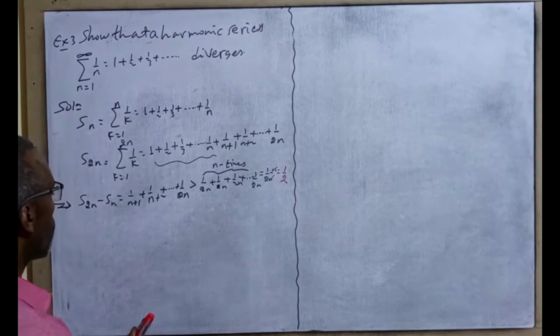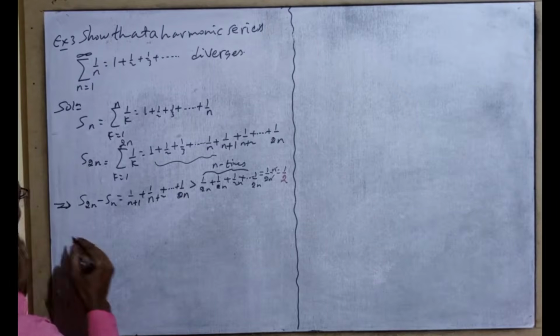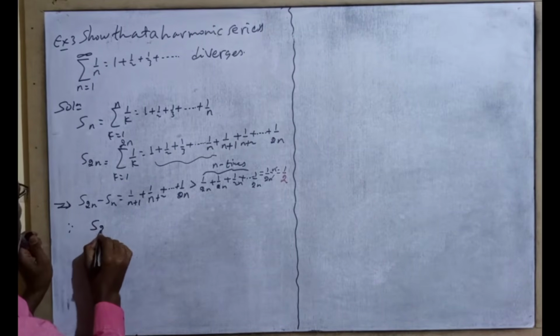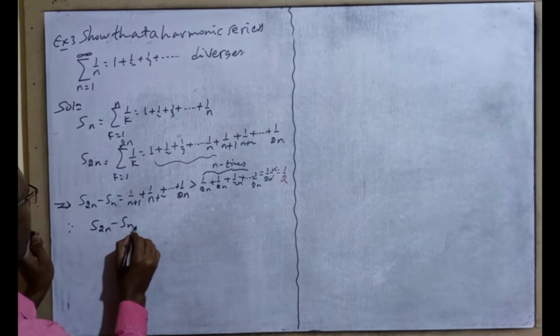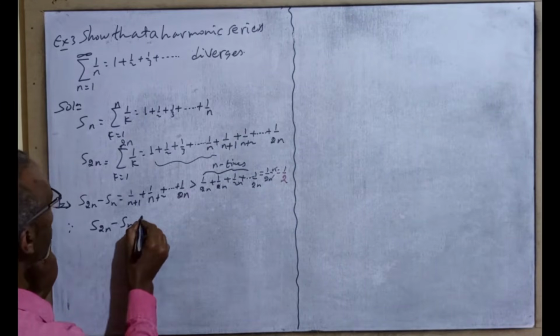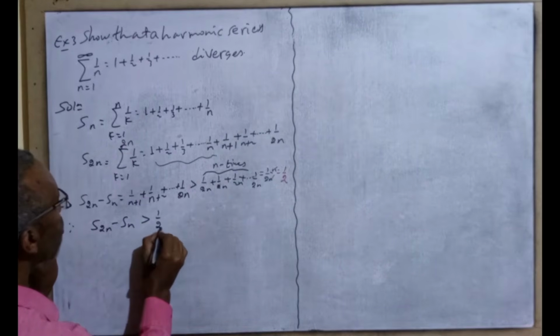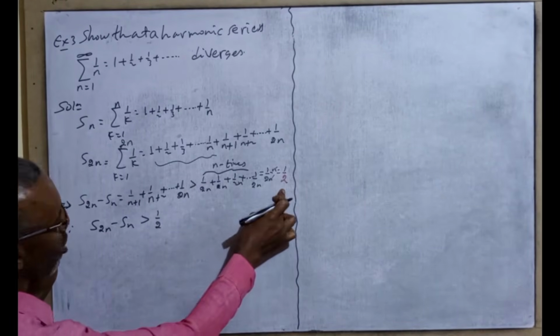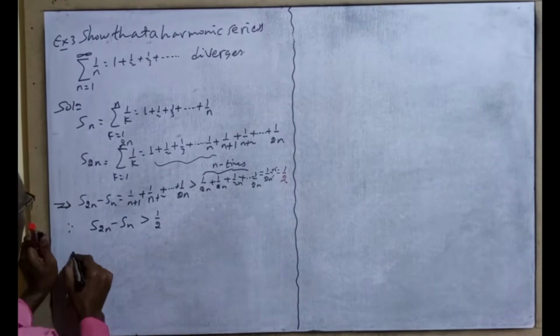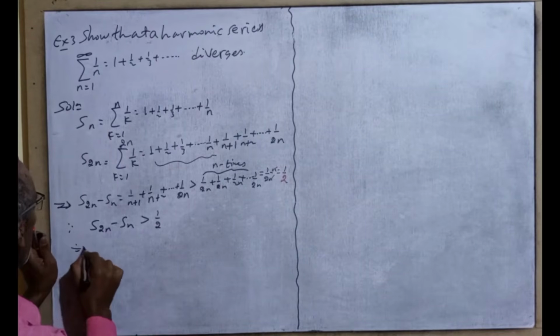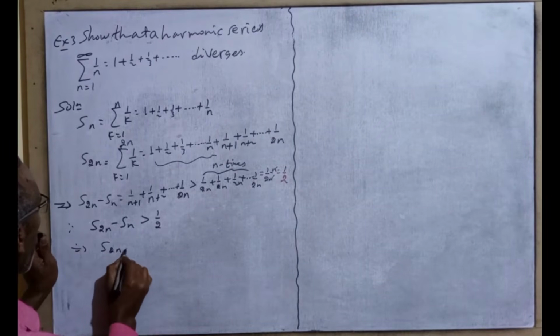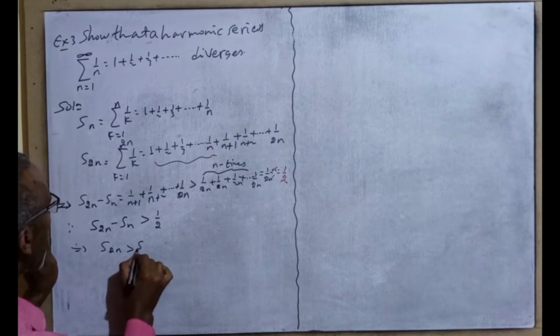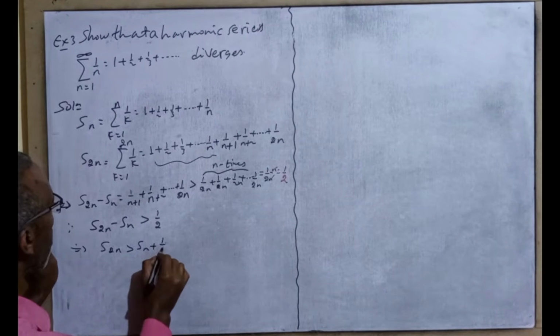Therefore s2n minus sn is greater than 1 over 2. This implies s2n is greater than sn plus 1 over 2.